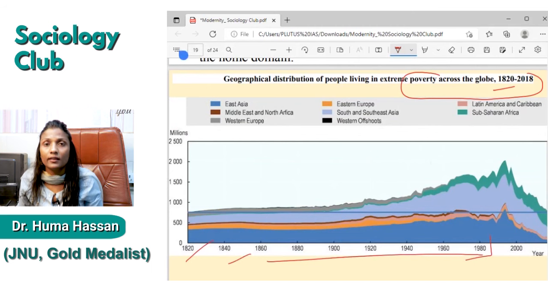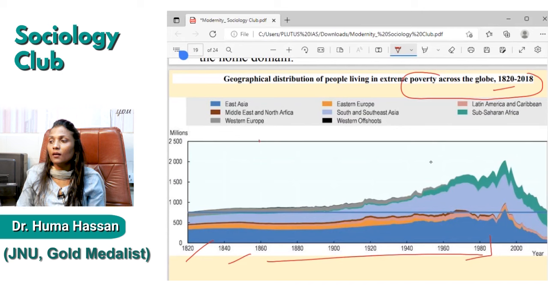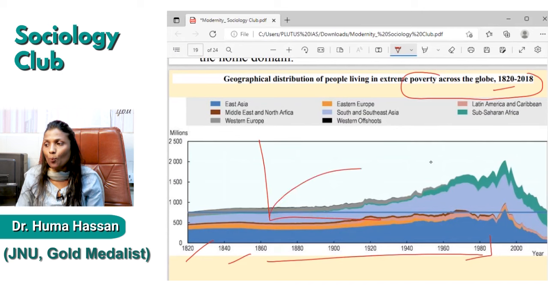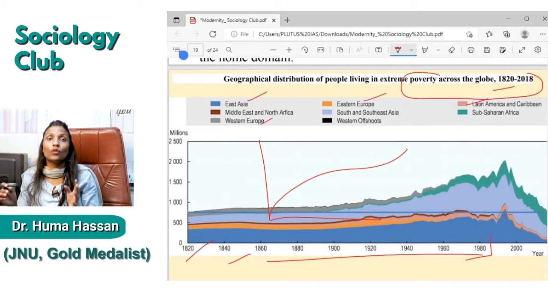The idea of bringing this data in the answer is to show that if you can make a simple chart and interpret how poverty rose at that time, what had happened in East Asia, Western Europe, Eastern Europe, Latin America, your answer will become very concrete.